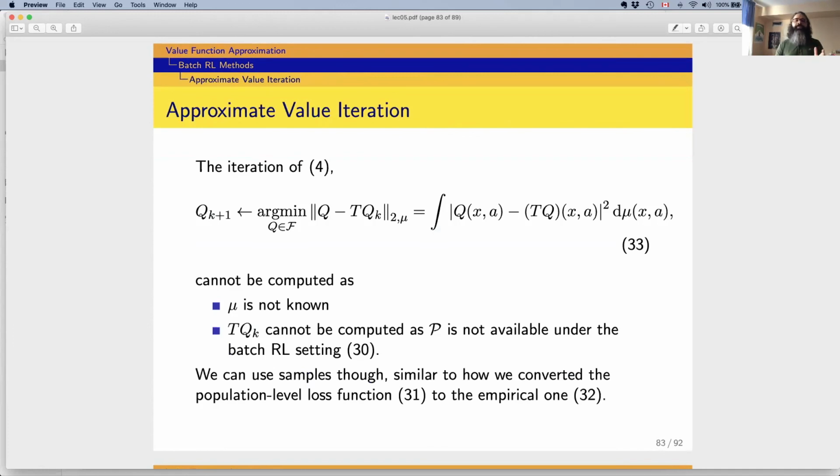So you remember we had this approximate value iteration. We discussed in a population case that we find Q_{k+1} or V_{k+1} as the minimizer of this L2 norm, which was the minimizer over Q of ||Q - TQ_k||. And this T was either T^pi or T^star.